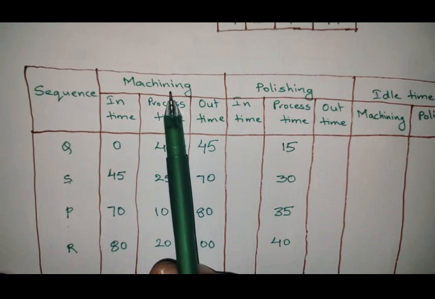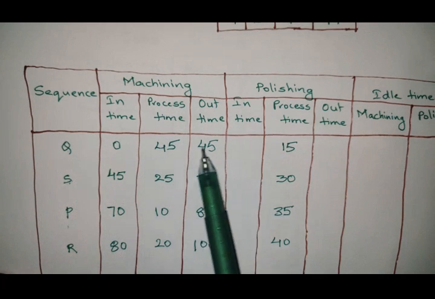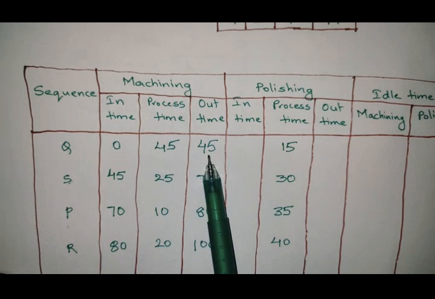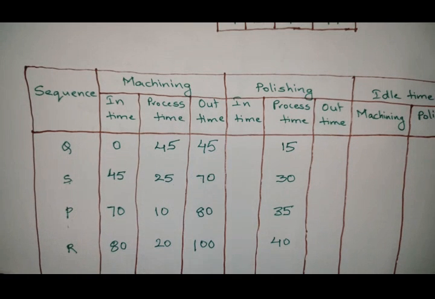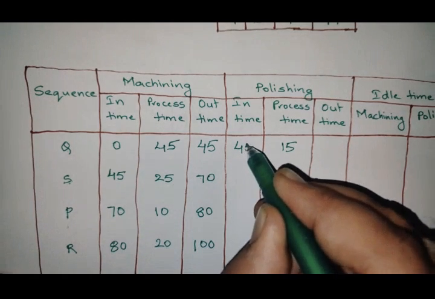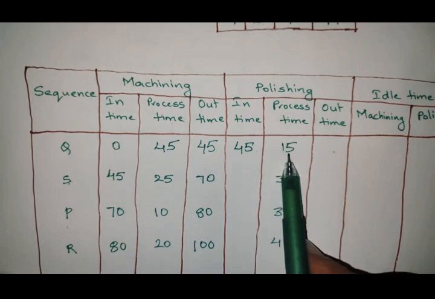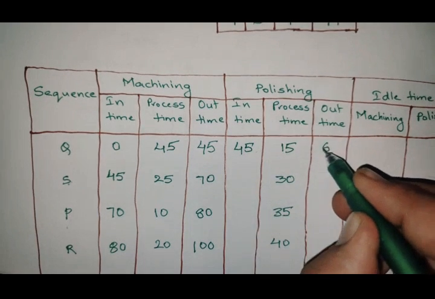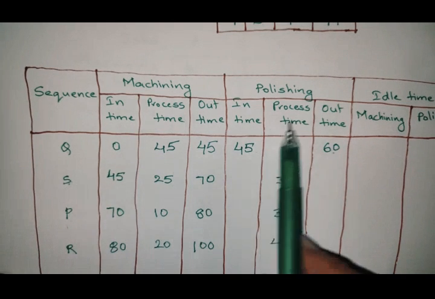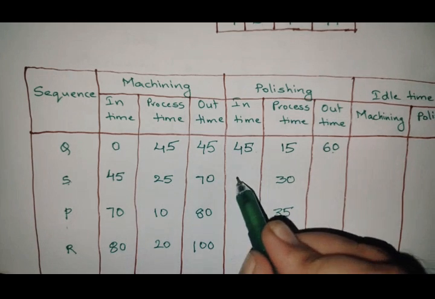After completing the machining process for job Q, immediately it will enter into the polishing process. So job Q completes the machining in the 45th hour. So the in time for the polishing process is the 45th hour only. Then out time will be 45 plus 15, 60 hours. And then the job S will enter into the polishing process at the 70th hour.